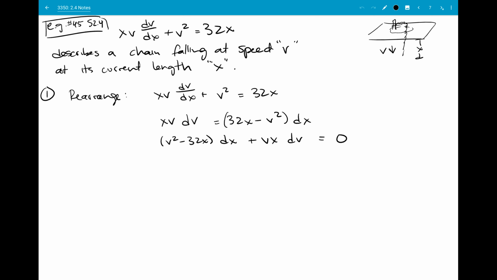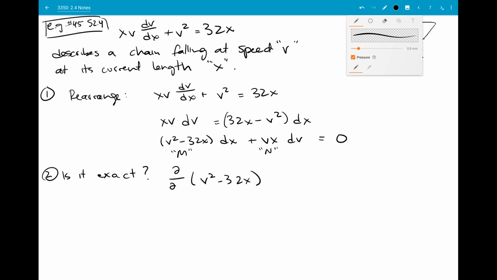Next up, I check if it's exact. So here's my M and here's my N. So I check the derivative with respect to y of the thing attached to dx. But I need to remember that when I'm working on this problem, what I used to call y is now v.